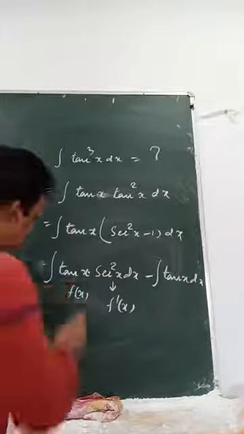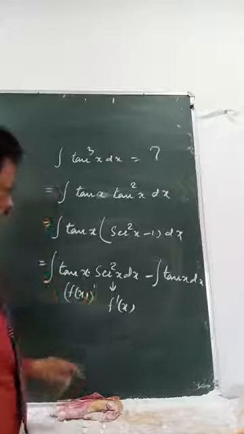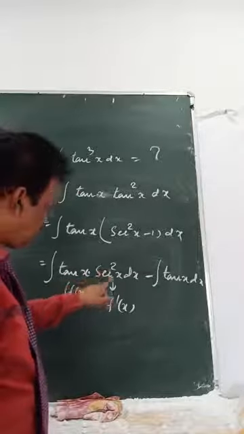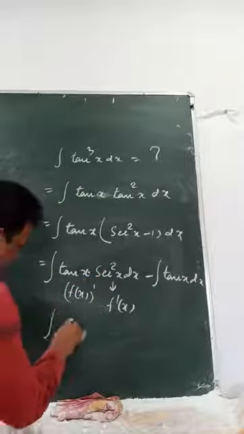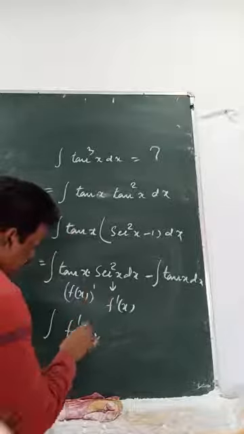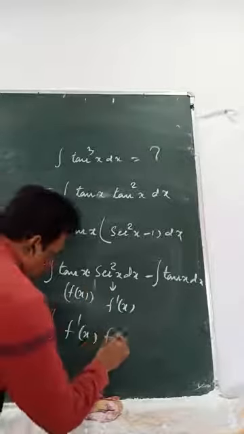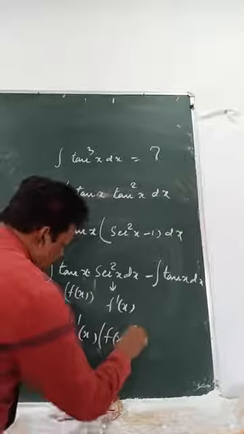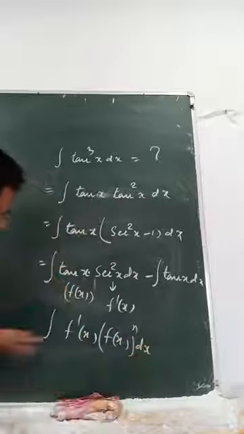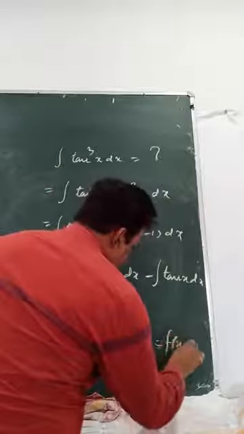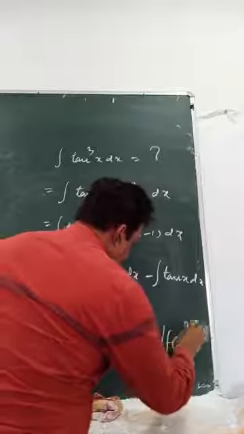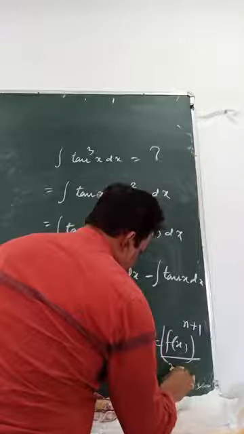This is your f x, power is 1. This is your tan x's derivative, sec square x. So why I am writing this is, I gave this formula: f dash x times f x to the power n. What formula did I give for this? It was f x to the power n plus 1 by n plus 1.